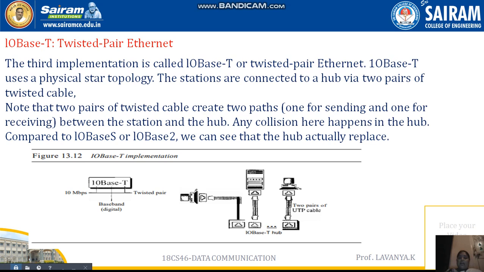If any collision occurs in that area in the hub, compared to 10Base5 as well as 10Base2, we can replace the hub with a new one. So this is our 10BaseT.